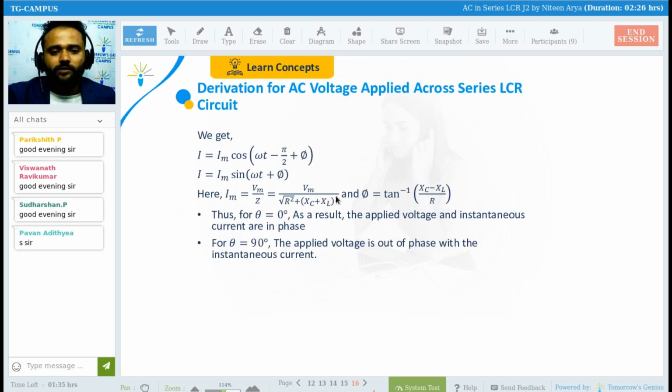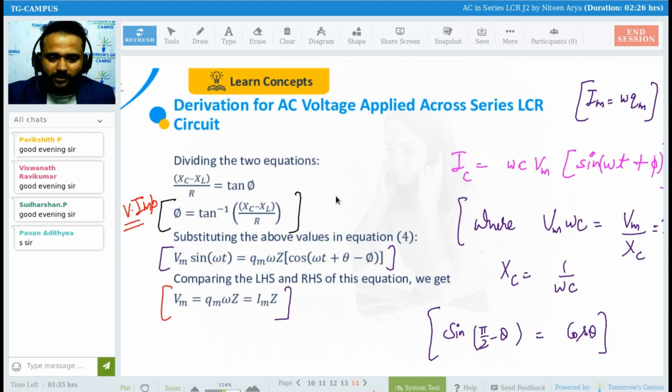In this manner, when we put this value, it becomes I equals Im sin(ωt + φ). I am doing this very fast, I think. Till now, everyone is clear? I am just rearranging and putting in the given values that we already have.